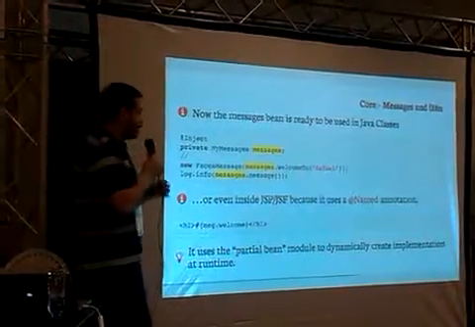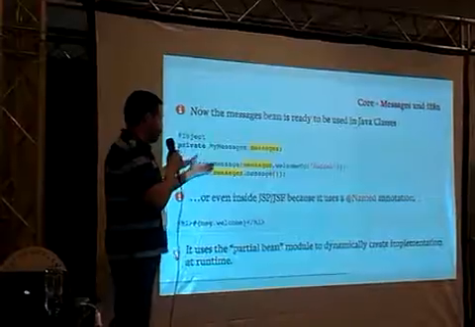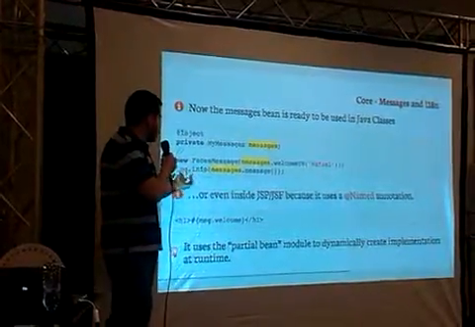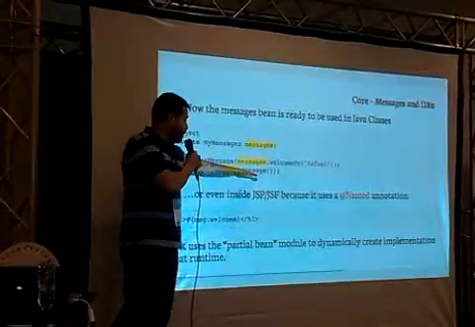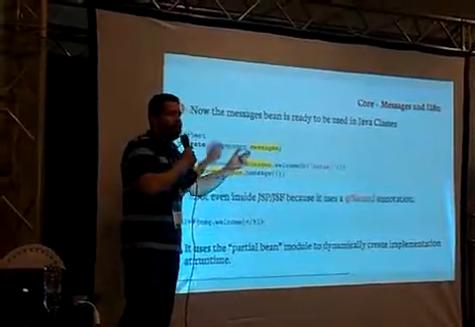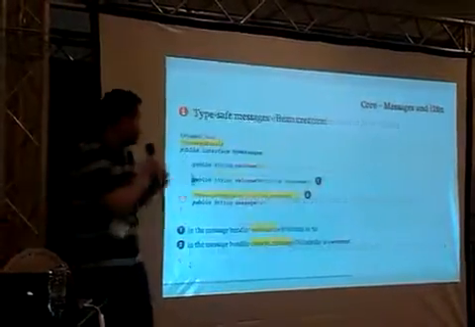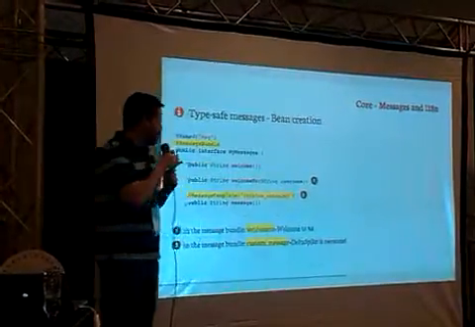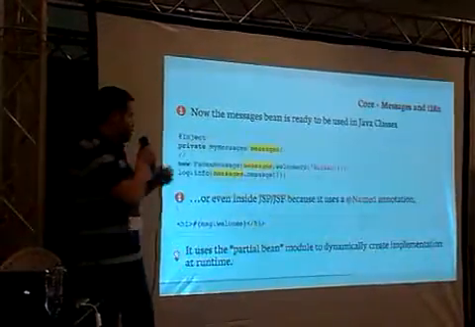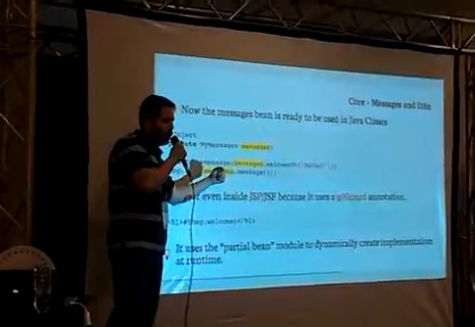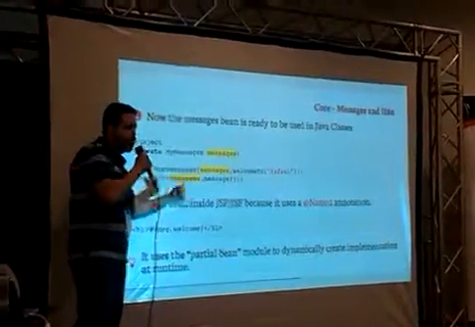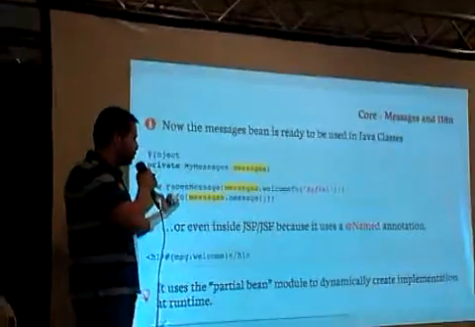Very type safe. Or in the case of a log message, I can say log info message. I invoke this method. And remember, the signature of the method returns a string. And of course, that string will look for the proper bundle file to get the proper translation and return it.